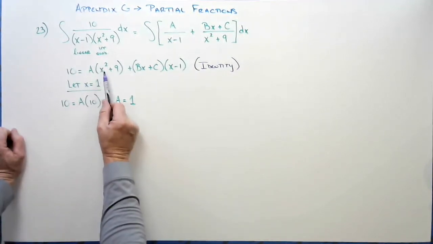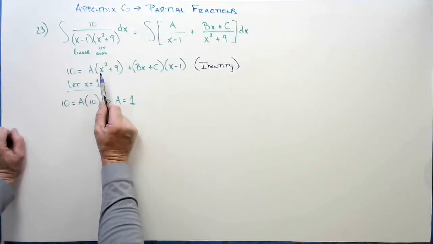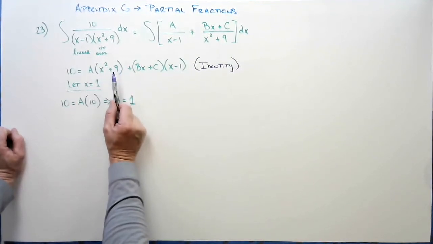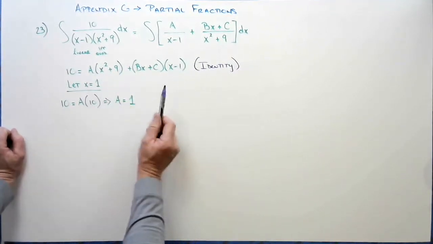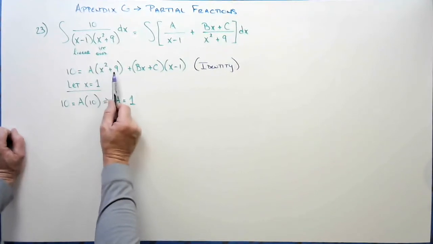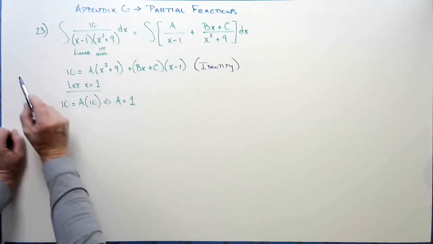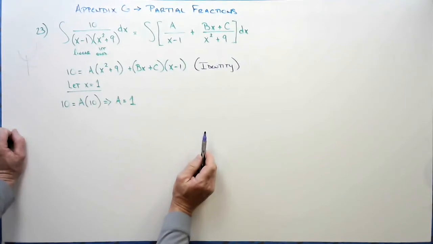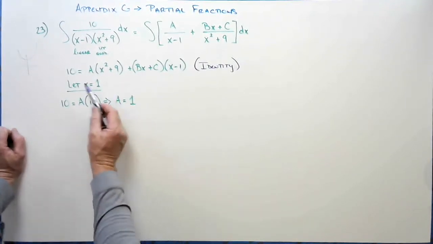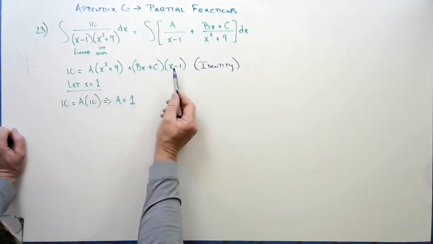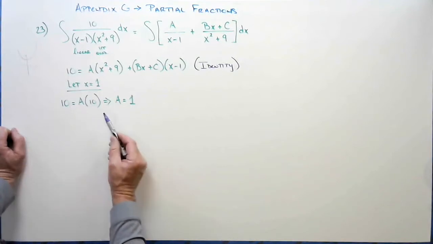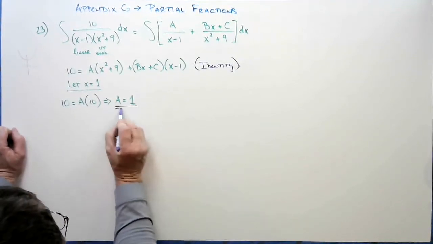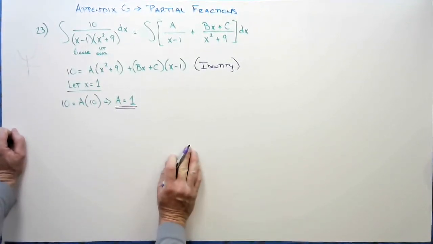There is no value for x that I can put in here and cause this to be 0. X squared plus 9 is an irreducible quadratic. It has no zeros. That's a parabola that's moved up 9. It opens up. If we were to draw the graph of that parabola, it goes like this. It has no zeros. So this was the only factor that had a 0. So we used it. And with that, we were able to establish that A was 1.